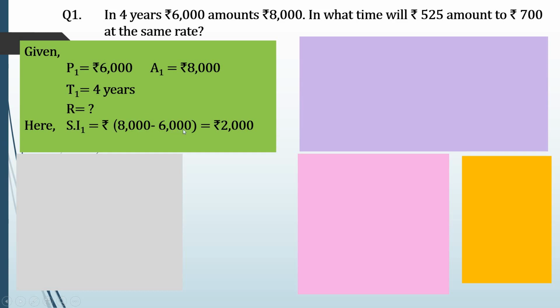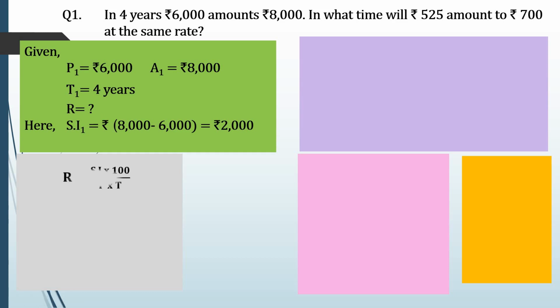So 8,000 minus 6,000 will be rupees 2,000, and this is simple interest 1, that means simple interest according to the first given condition. From this first condition we can find out the rate. So let us find the rate from the given first condition.